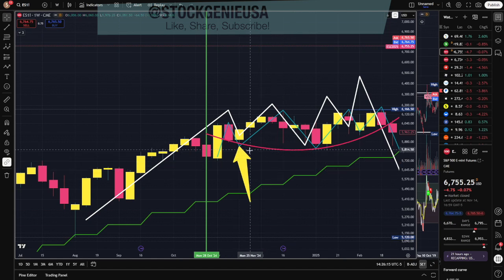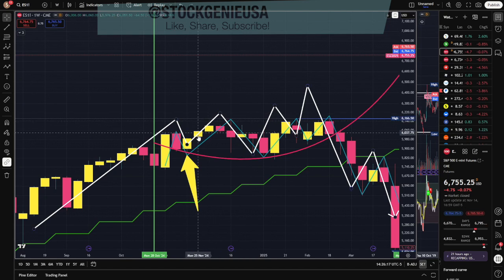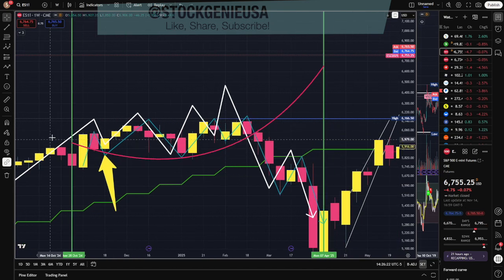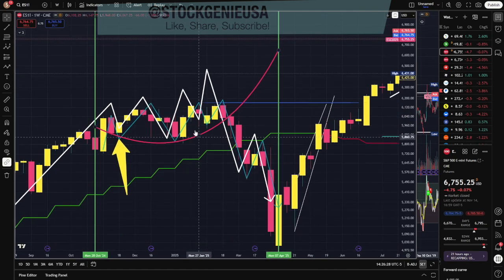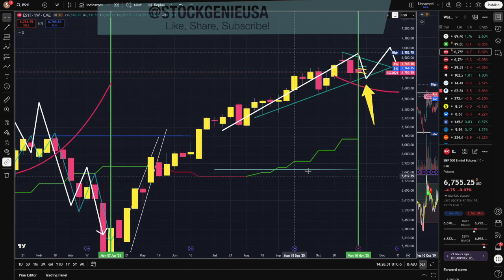The you are here moment with the arrow, and here are these smaller corrections, and once we break the actual arc for the cycle, the positive arc, you expect price to correct.